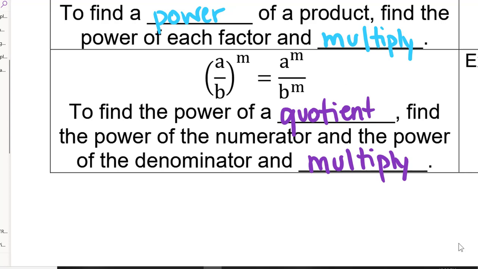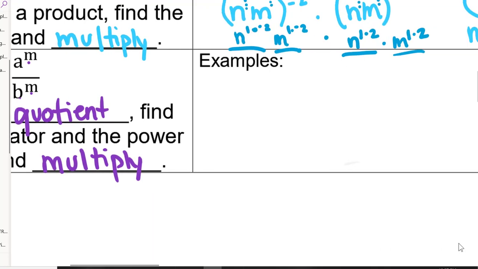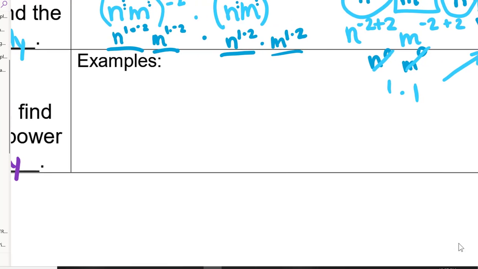So look right here. See how this is a divided by b, and that is to the m power. And look what happens over here. The m is distributed to both your numerator and your denominator there, or your divisor and your dividend, whichever way you want to look at it.